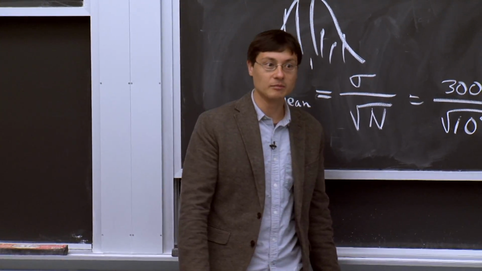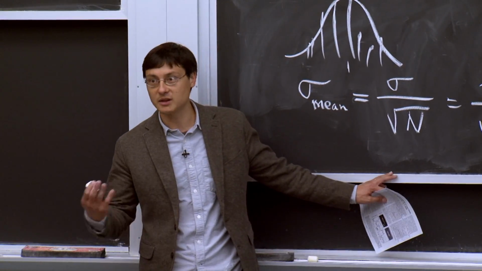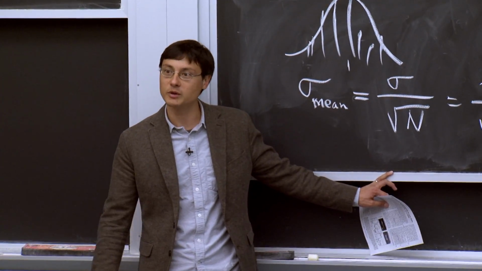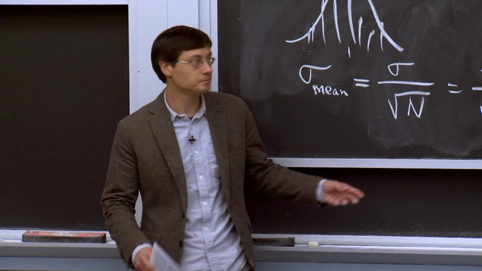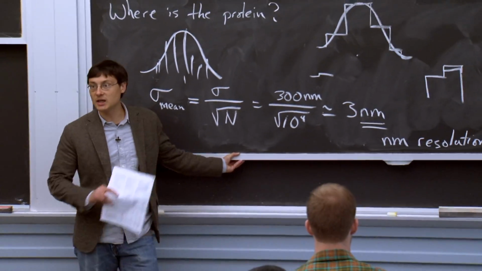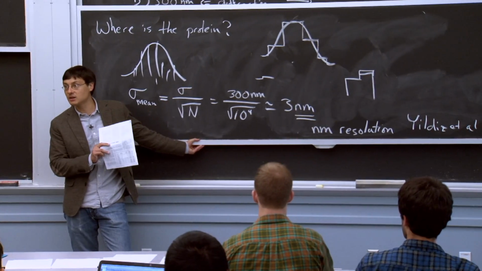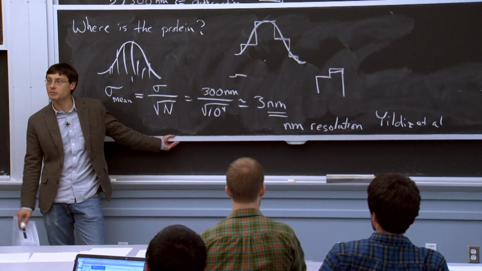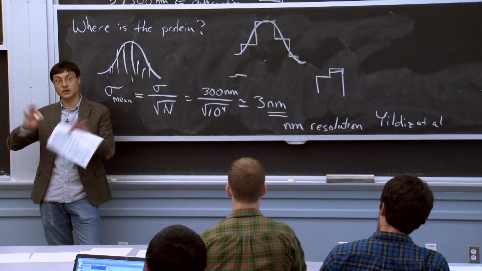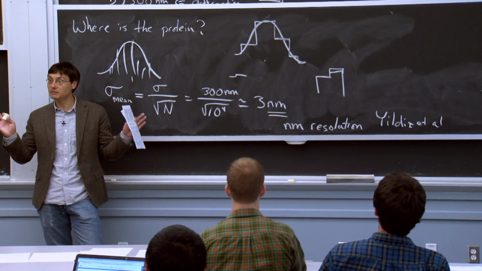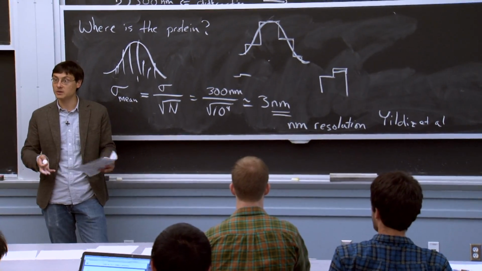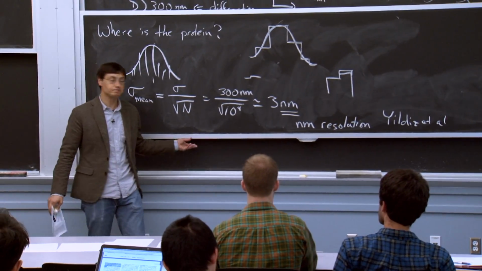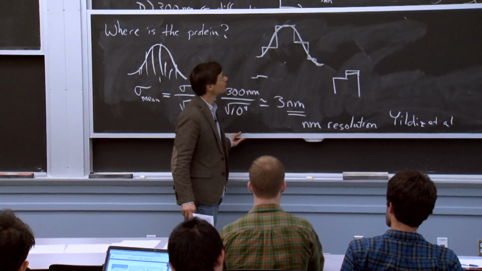So at each location, I think they were collecting 10 to the 4 or a few 10 to the 4 photons. And incidentally, these are the photons that are being collected, and typically you would only be collecting 10, 15, or so % of the photons, just because the photons are being emitted everywhere, and you only collect the ones that go back to your objective, right?